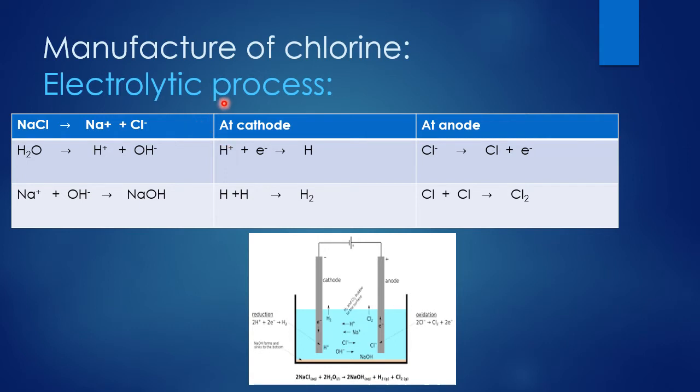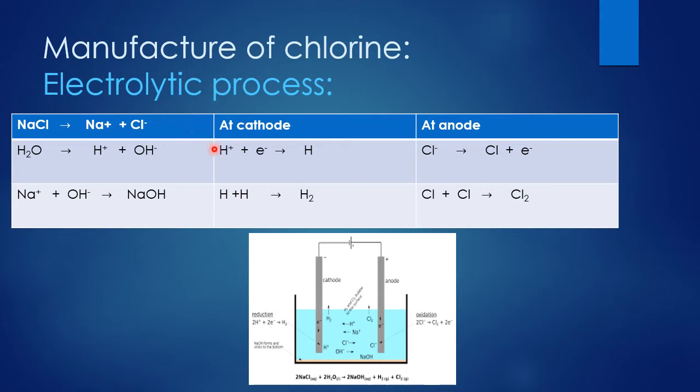Salt water we obtain either from sea water, or from some underground water near the seashore. Those waters we call brine water. On this brine water we are going to do the electrolysis process.